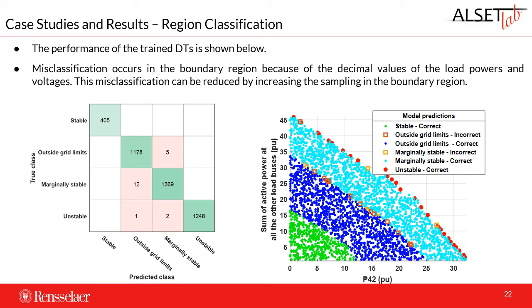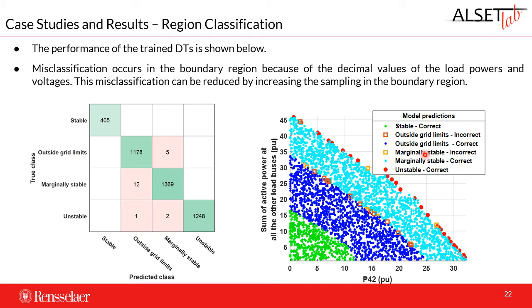The plot that is showing you here is all the stable and correctly classified as stable cases. The blue one is outside grid limits and correctly classified outside grid limits. And cyan is the marginal stable case and correctly classified as that. Whereas you see we have some red points here that was unstable, and then you have here on the outside grid limits, which is incorrect.